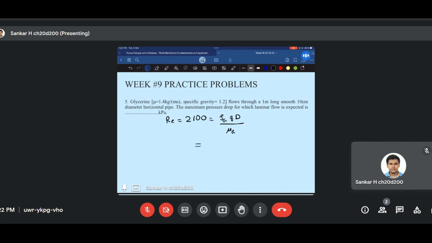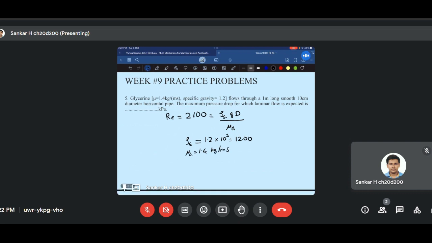It's given that glycerin has a specific gravity of 1.2, therefore its density is 1.2 times 1000, which is 1200, and the viscosity of glycerin is 1.4 kilogram per meter second.